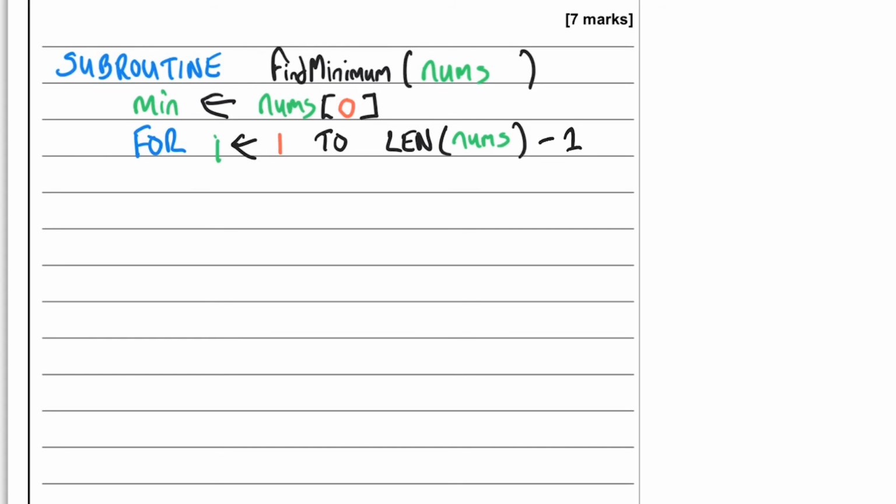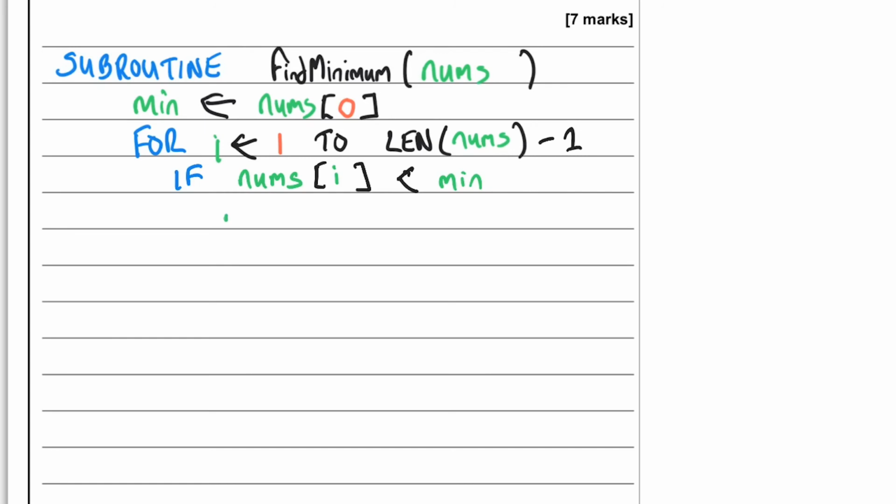Now, as we go through this array, we want to say if, well, if what? If the value of nums at position I, so the first time around, that will be position 1, if that is smaller than min, i.e. it's a smaller number than the first one, well, we need to update min.